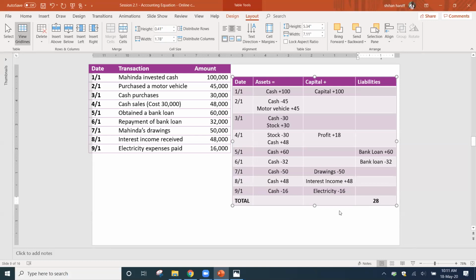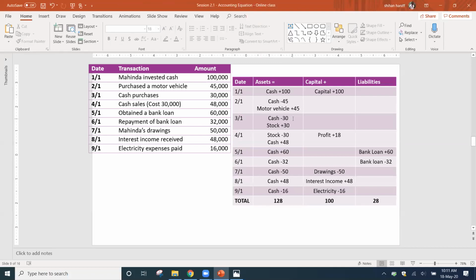Liability is 28. Capital will be 50. It's 48. This is 100. Therefore, this is 128. So this is the answer.